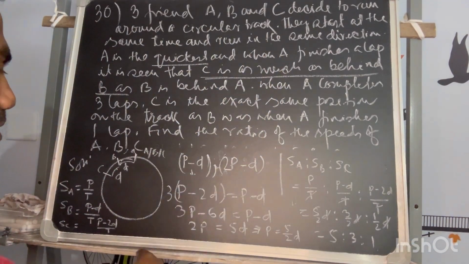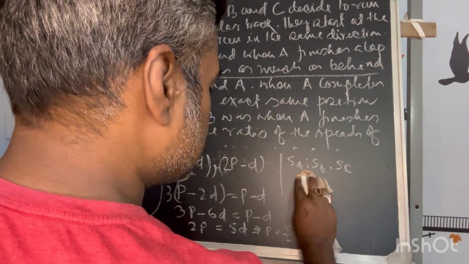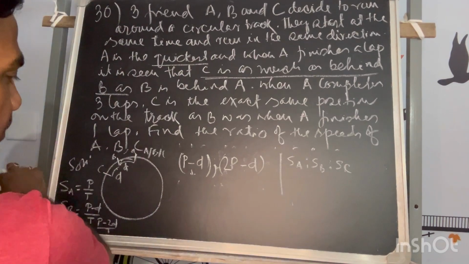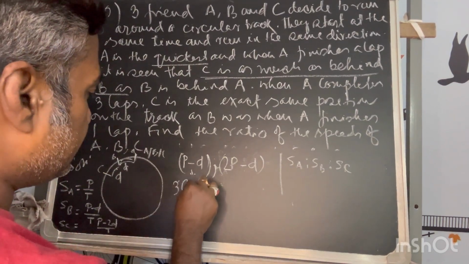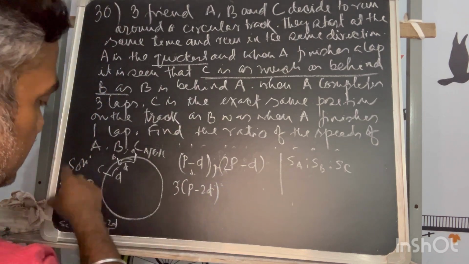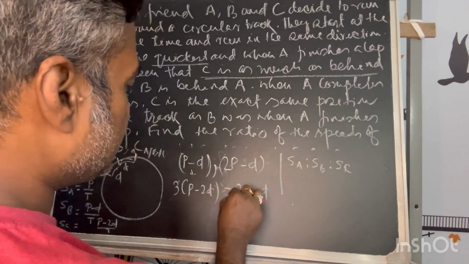If I equalize this, there would be another possibility. True is equal to 3 into P minus D, that is the actual distance traversed with respect to the velocity, and as per the condition, this could also be B's position.